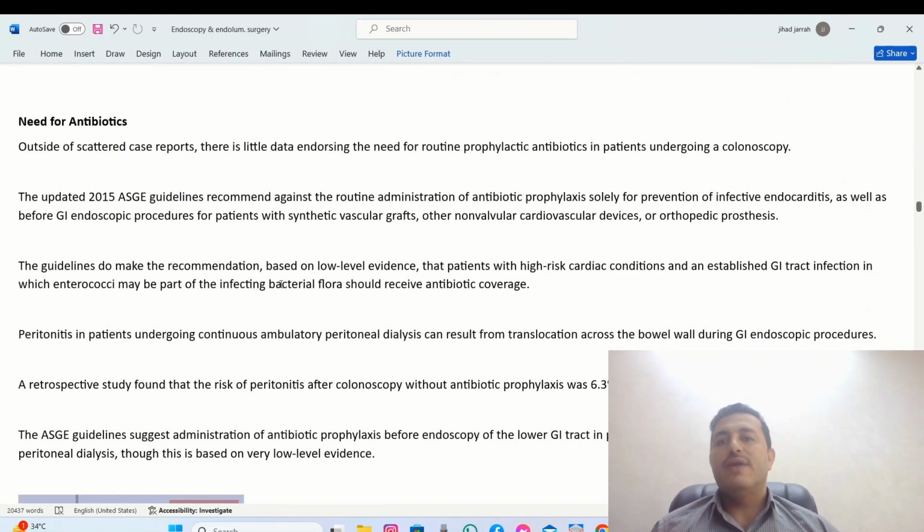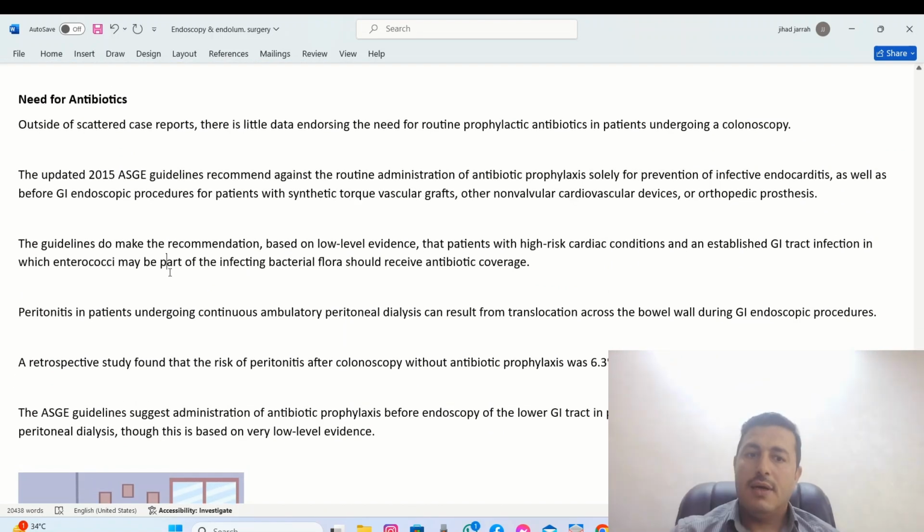Okay, let's move to the question: do we need antibiotic for routine colonoscopy? The answer is no. For routine colonoscopy, antibiotic prophylaxis is not indicated, and this is logical. We just reviewed the instructions for patients before colonoscopy, and no one advises or mentions the use of antibiotic.